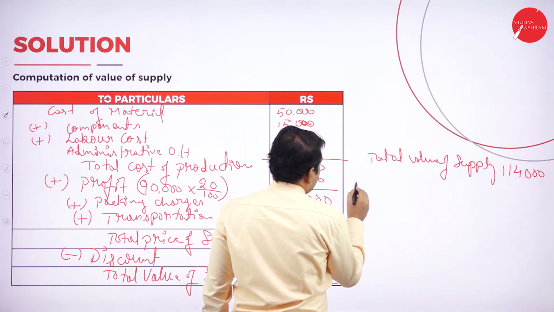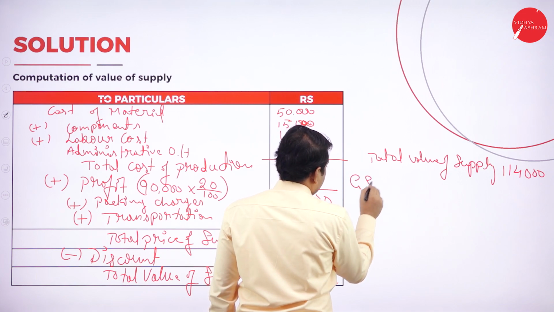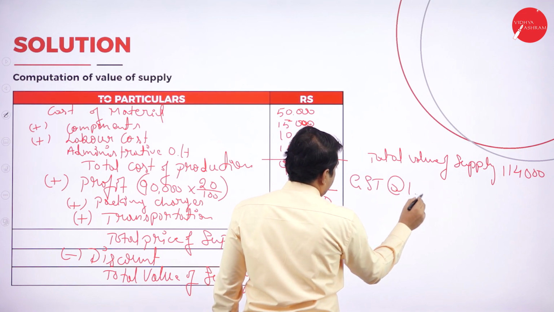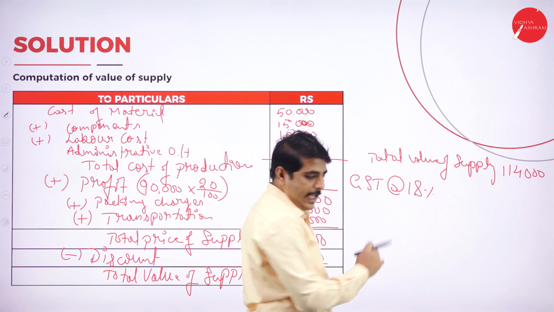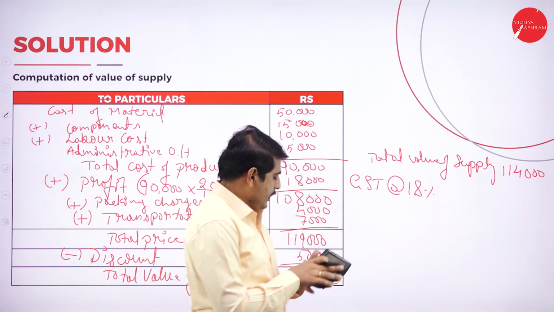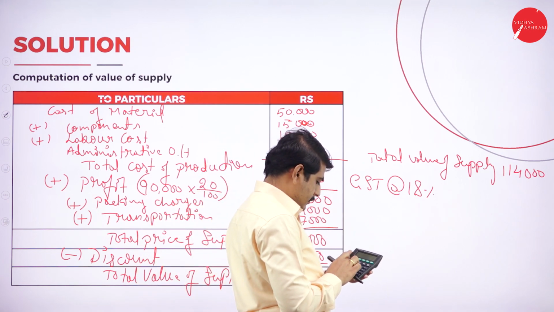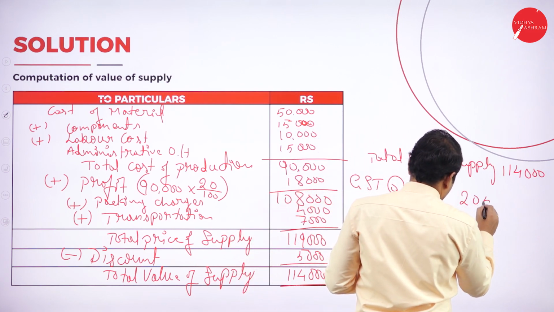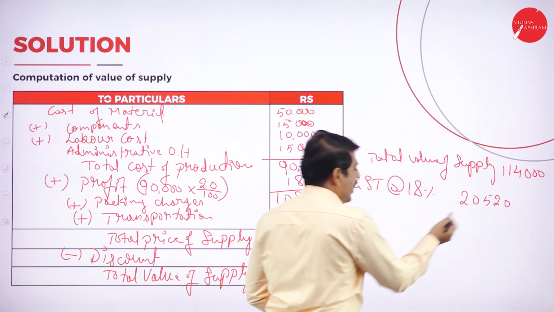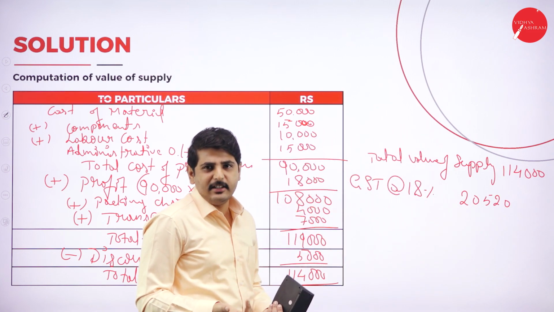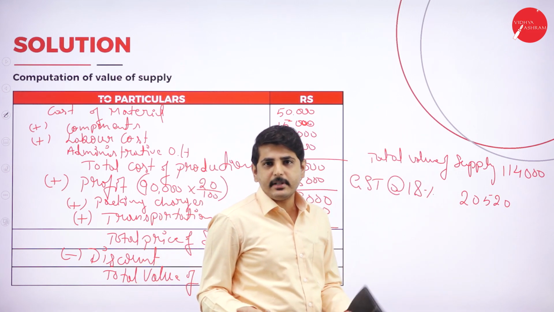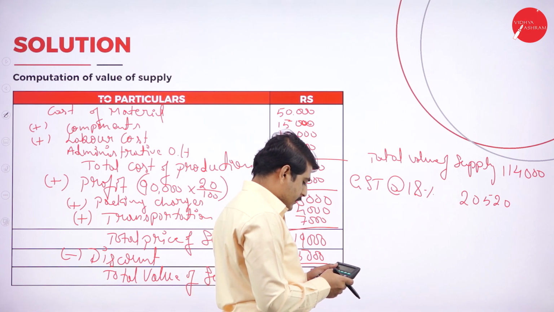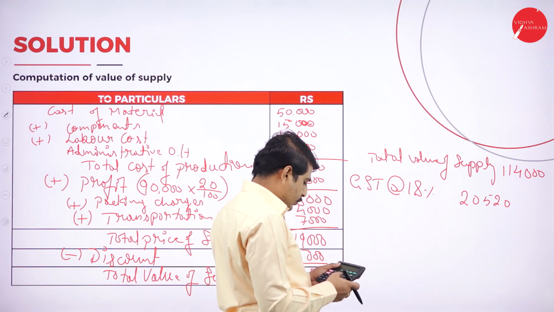So GST at 18% on 1,14,000 is 20,520. Out of this 50%, that means 9% is the SGST, 9% is the CGST. So divide it by 2.